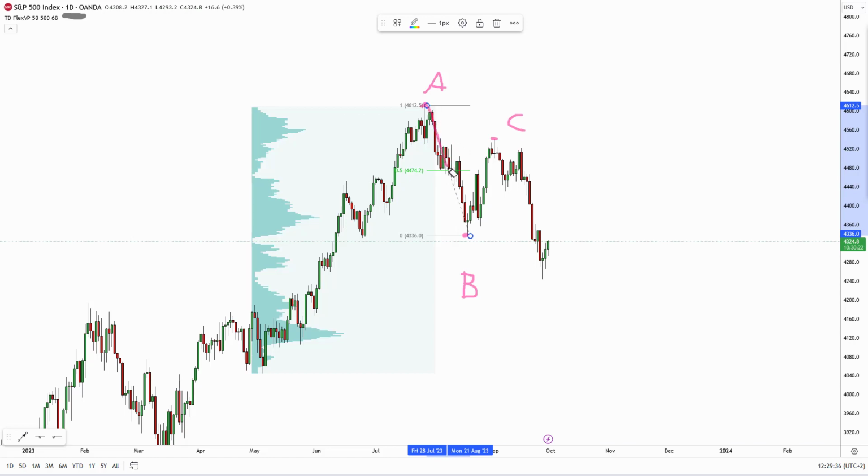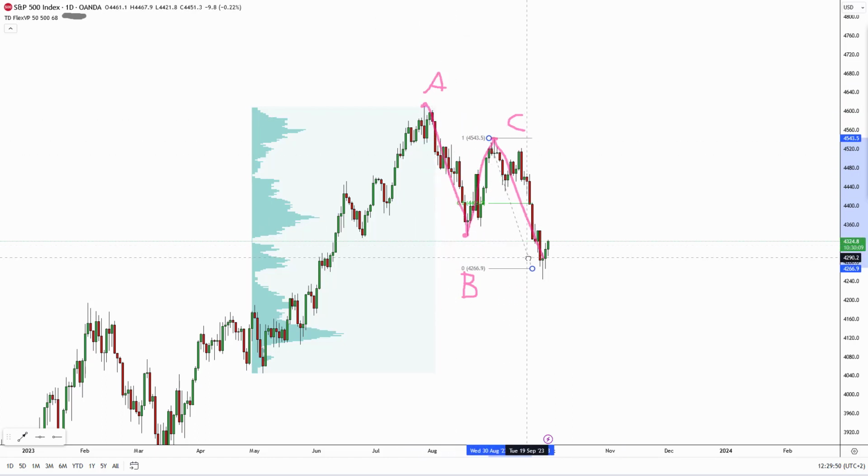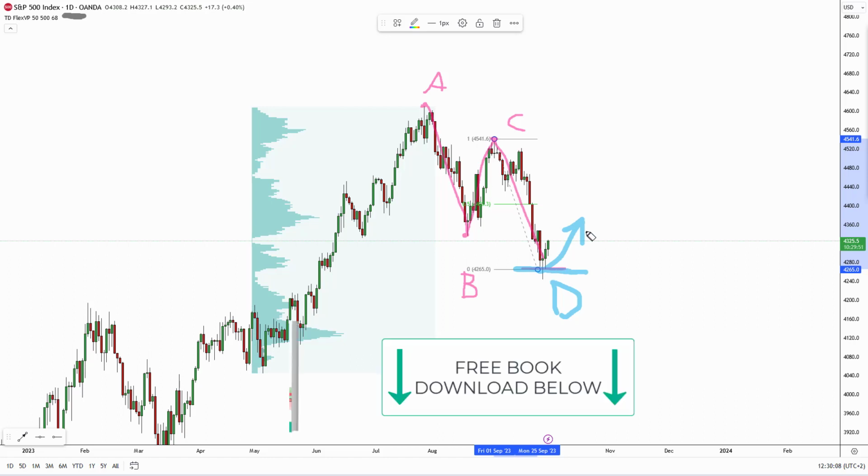So the price went from A to B, then to C, then downwards, and we take the Fibo and move it like this. So it begins in point C, and this is D. From D, as you can see, the price is already reacting very nicely.